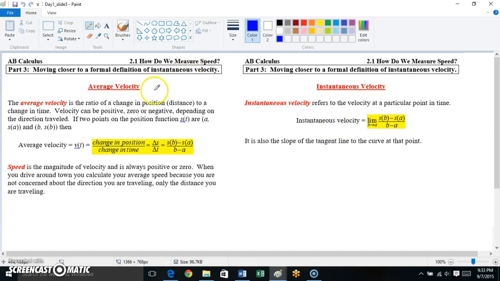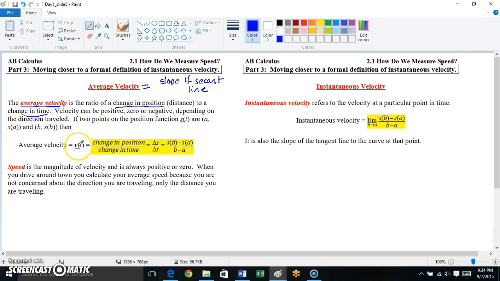Okay, so just summarizing where we've been and what we've looked at, the average velocity is the slope of the secant line between 2 points. The average velocity is the ratio of the change in position, or the distance, to the change in time.